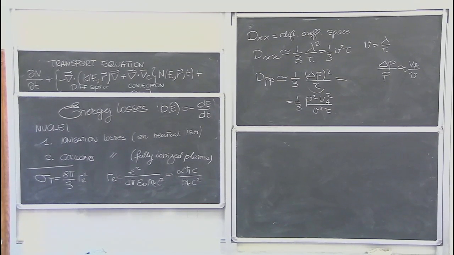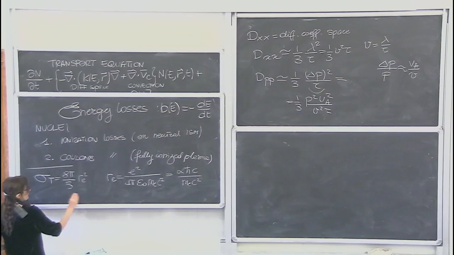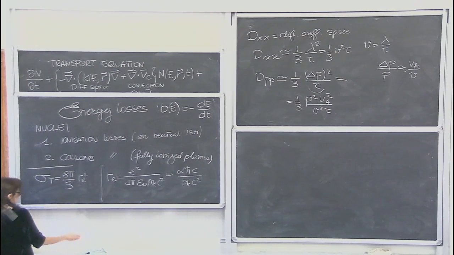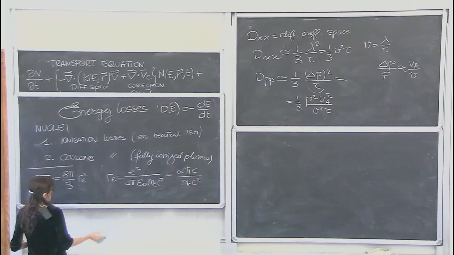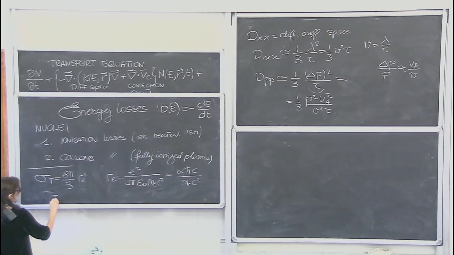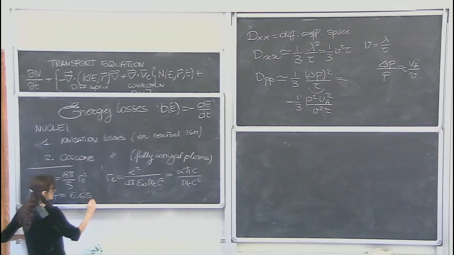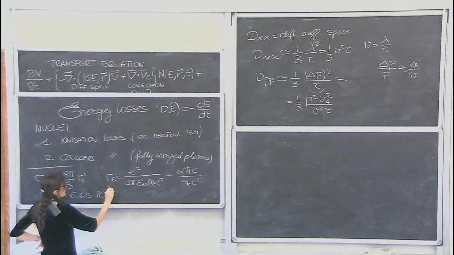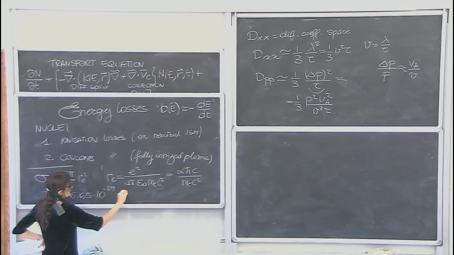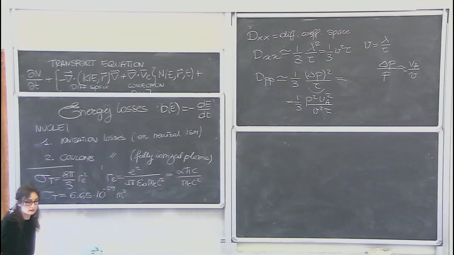And if you put numbers, these are all constants in nature. And this sigma Thomson is 6.65 10 to the minus 29 square meter.